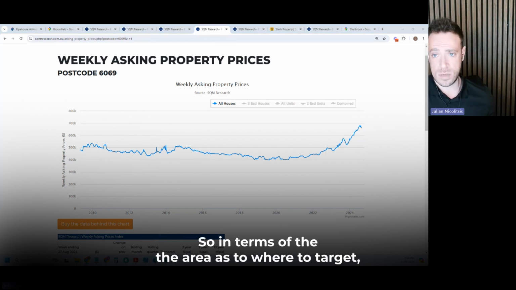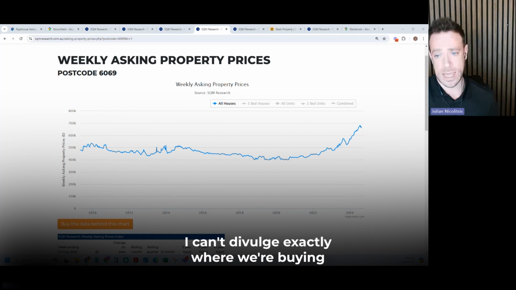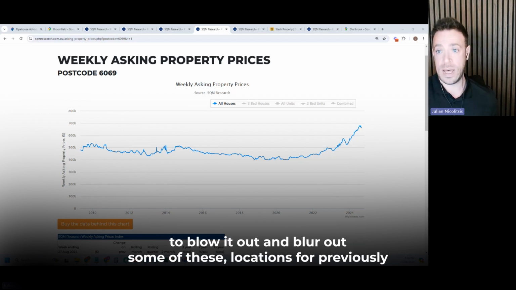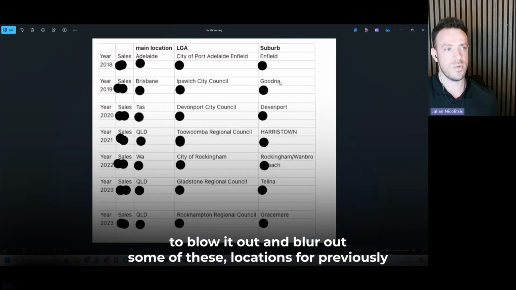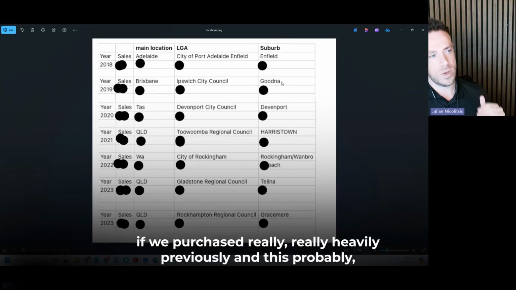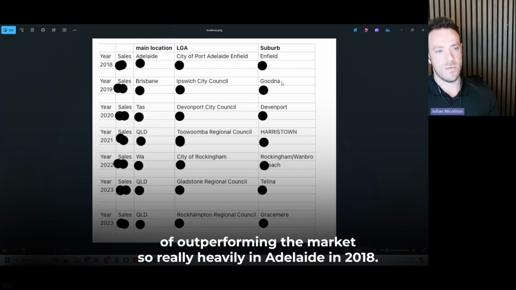In terms of where to target, out of respect for our paying clients, I can't divulge exactly where we're buying, but to give you a bit of insight from a numbers perspective, I've had to blur out some of these locations. If we drill down where we have purchased really heavily previously, this brings home even more so the long track record of outperforming the market.